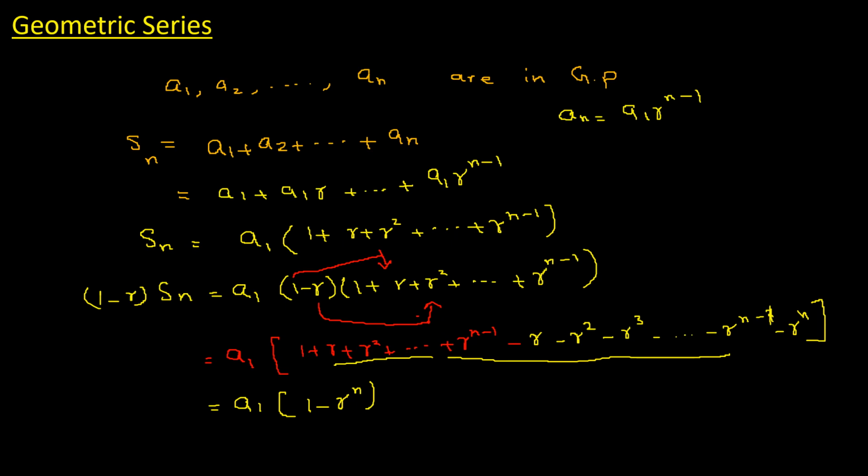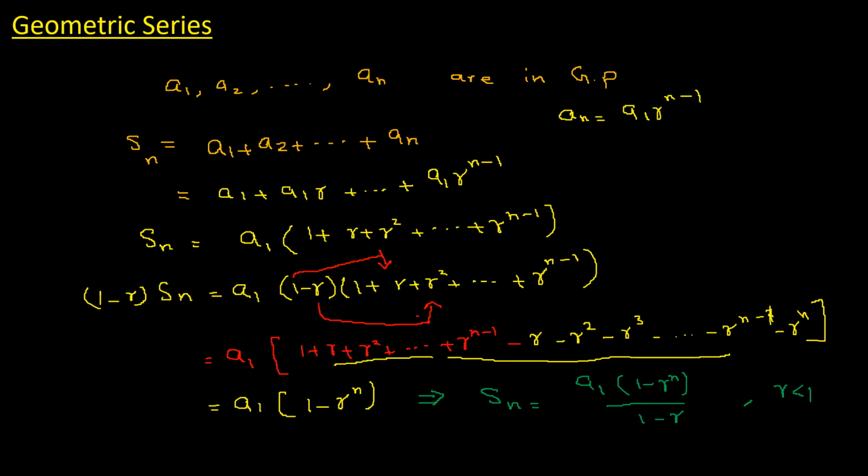So thus, what we had, from here we had Sn equals a1 into 1 minus r raised to power n over 1 minus r, and here r is less than 1. Okay, because that is 1 minus r.